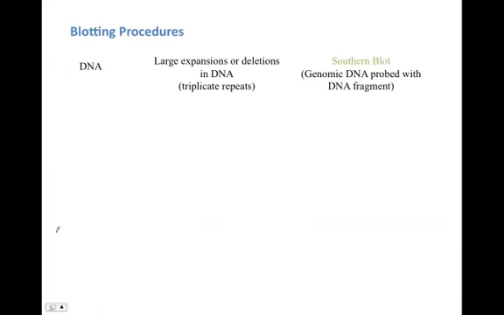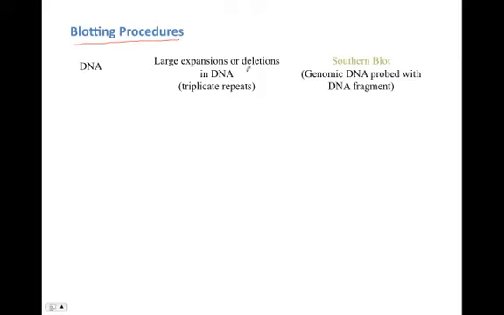In addition to cloning and PCR, there are several procedures referred to as blotting procedures that can help identify changes at the level of DNA, RNA, and protein. At the level of DNA, large expansions or deletions can be visualized by a Southern blot.